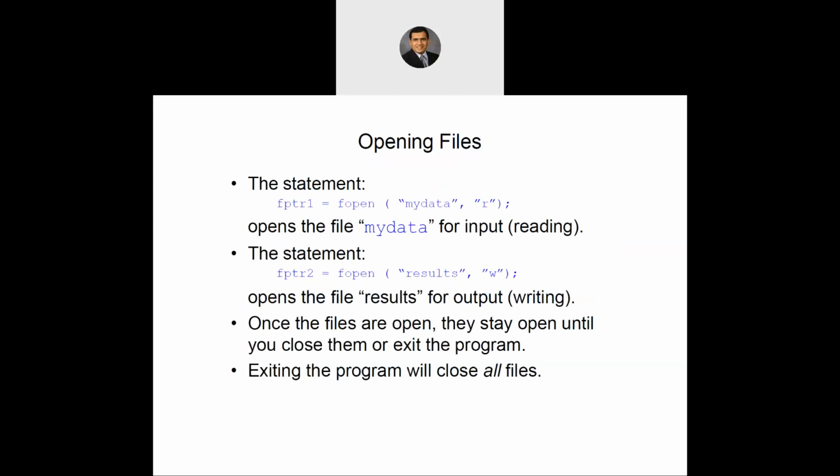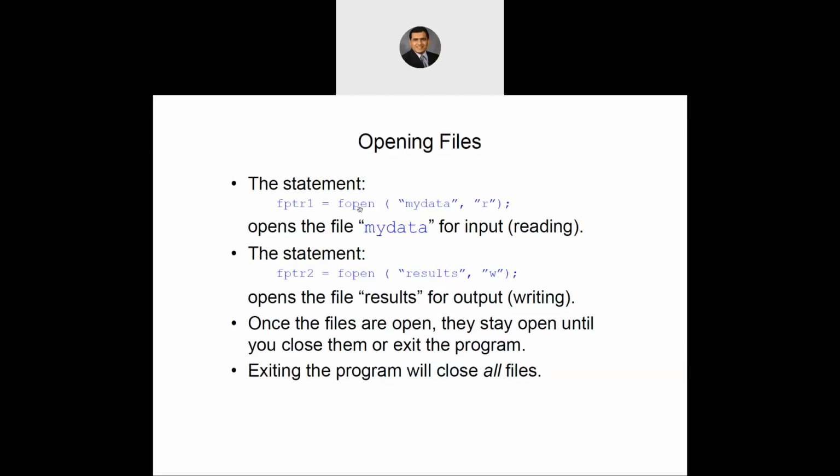Now, if you want to open a file, you have to use your fopen function. Okay? You have to first create a pointer. Remember, for reading or writing, the first thing we do is create a pointer, and then we associate the pointer for opening our file.